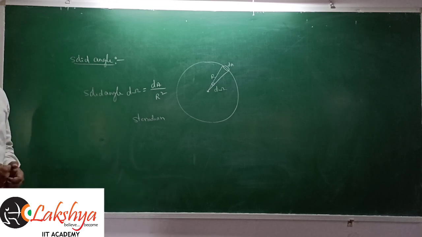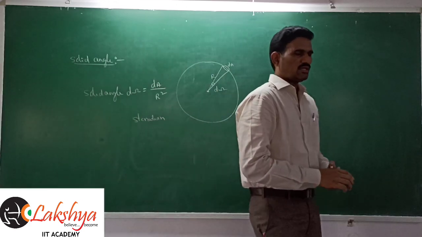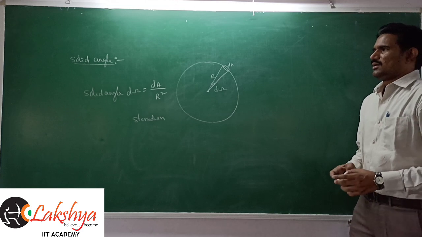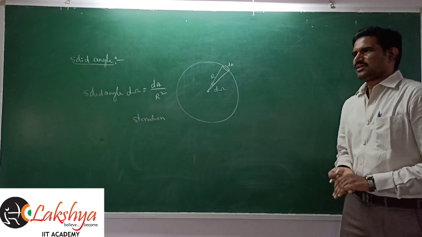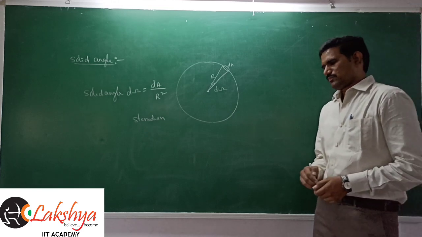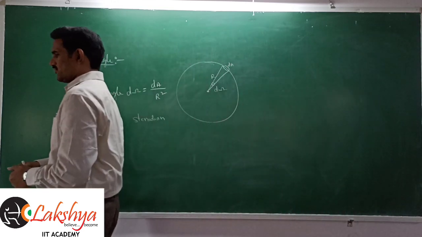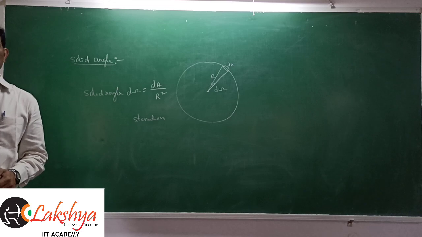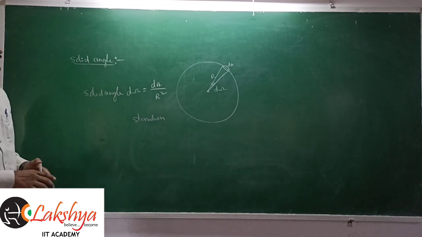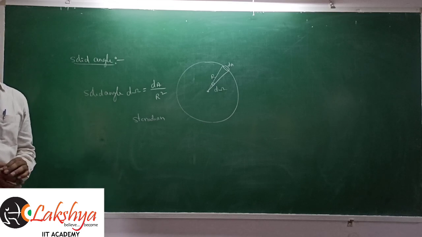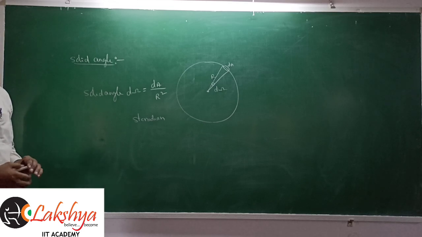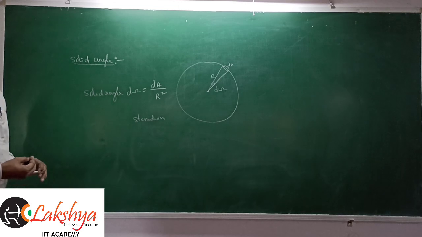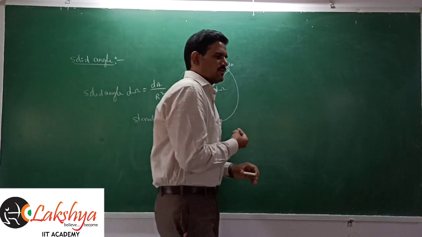It is defined as the ratio of the area of the small element to the square of the radius of the sphere of which this element is a part.